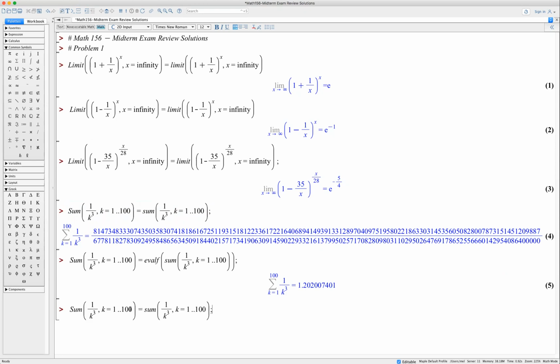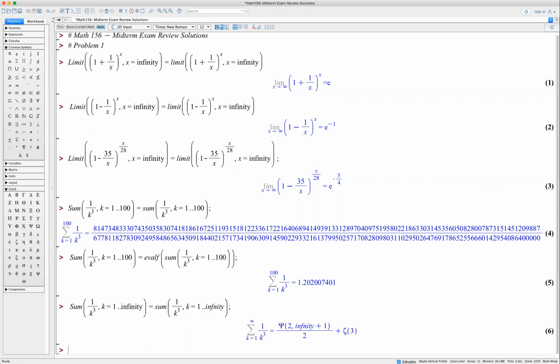And if I want the infinite series, I say k goes from 1 to infinity. And we get an answer which is kind of incomprehensible. Oops, infinity. That's better. There we are.